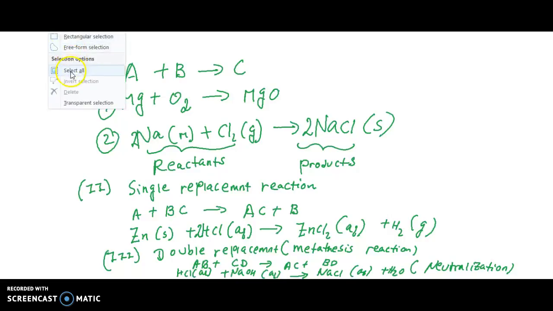Hit record, select all, and hit the delete key. Just hit right on the brush. You don't have to do the drop down. So see how it's highlighted?